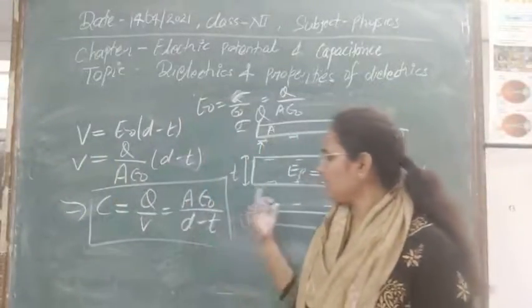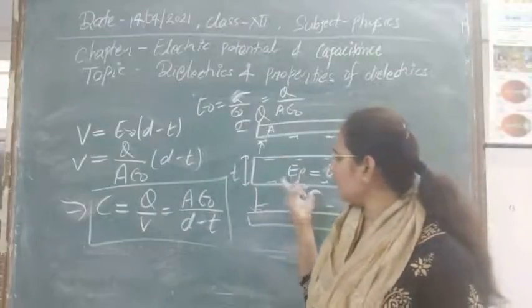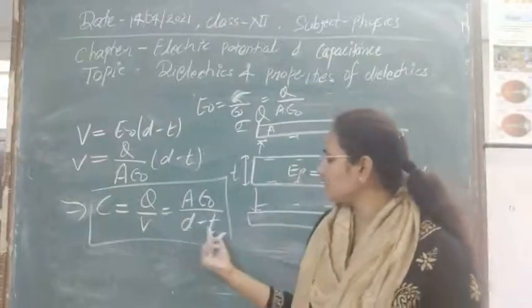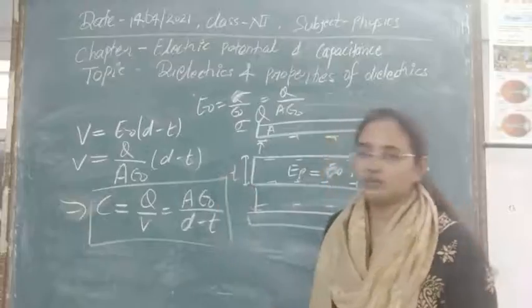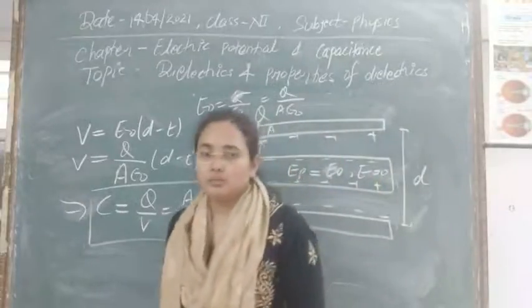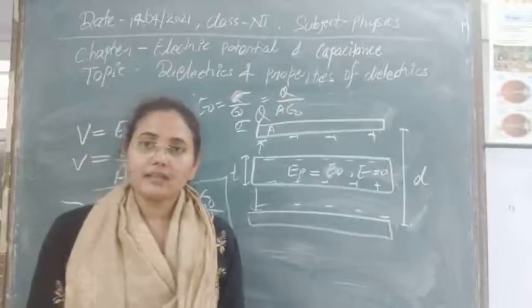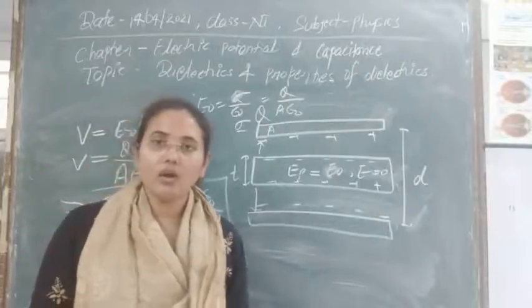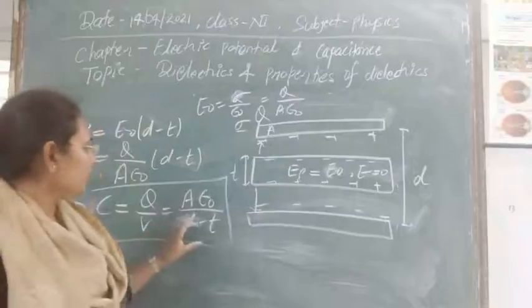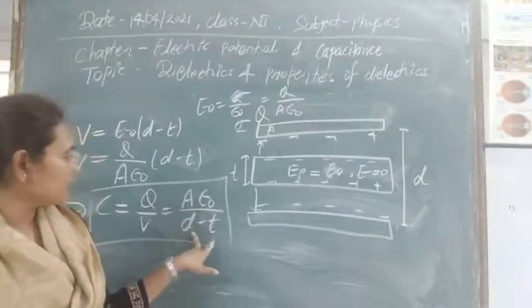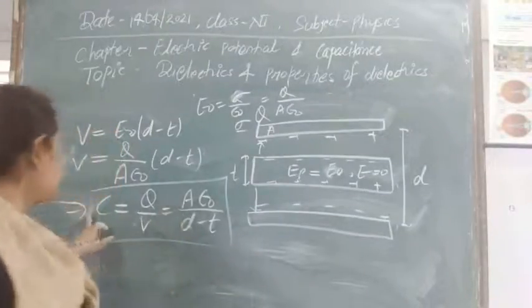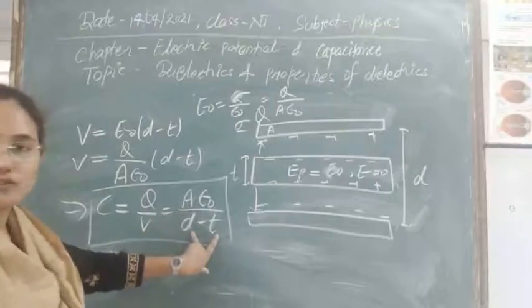If we are using a conducting slab and its thickness is equal to T here, then whenever we use any conducting slab, the capacity depends on the thickness of the slab. From here you can see that if we have to increase the capacity, we have to decrease this factor here.